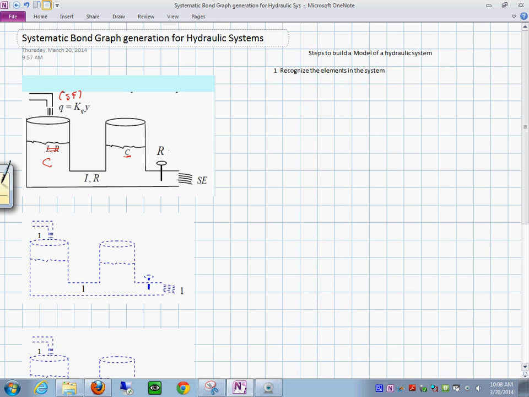What is the second step? Second step has to do with the one junctions. So we're gonna say use a one junction to represent the distinct flows.